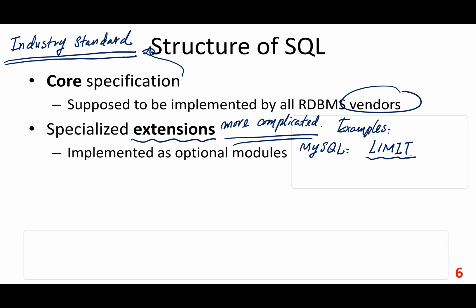When you retrieve a table from your database, we know there are many rows, right? Our query result is a table, and typically the structure is like this. There are many rows in this table.